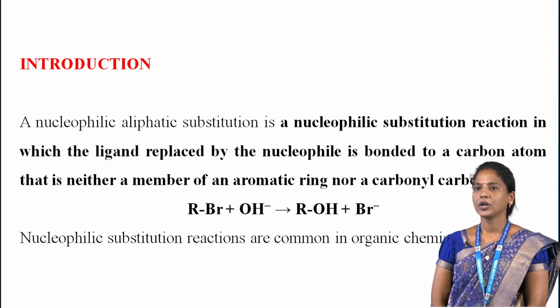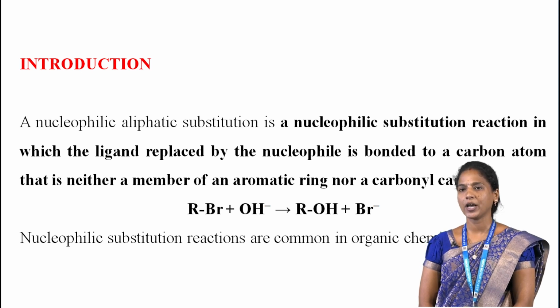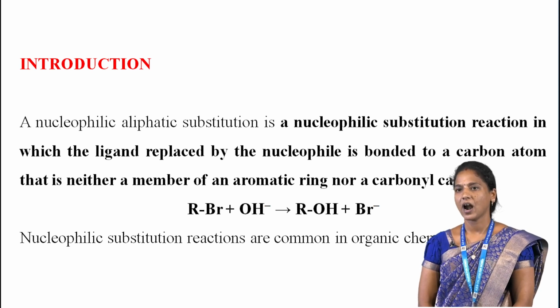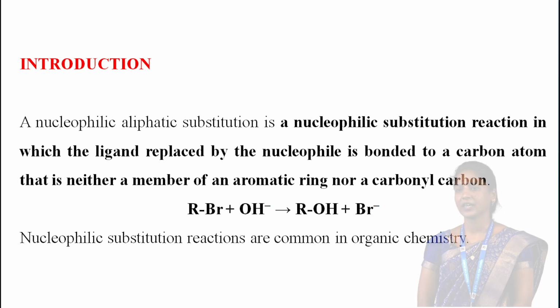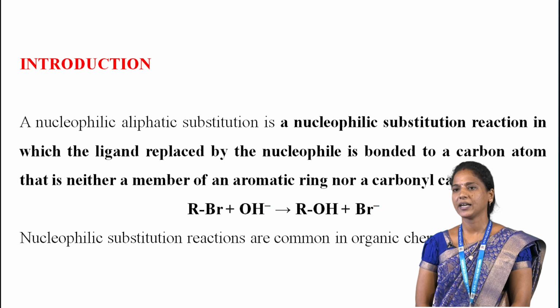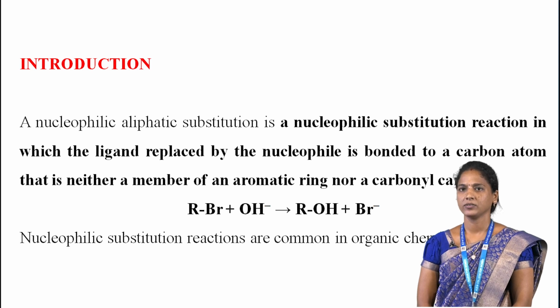An example of nucleophilic substitution is the hydrolysis of an alkyl bromide under basic condition, where the attacking nucleophile is hydroxide and the leaving group is bromide. Nucleophilic substitution reactions are common in organic chemistry. Nucleophiles often attack a saturated aliphatic carbon, less often they may attack an aromatic or unsaturated carbon.